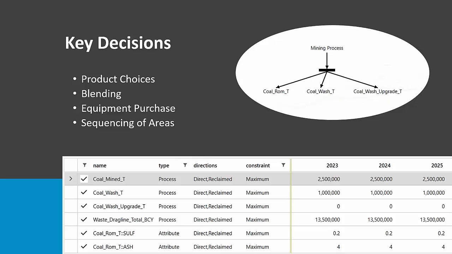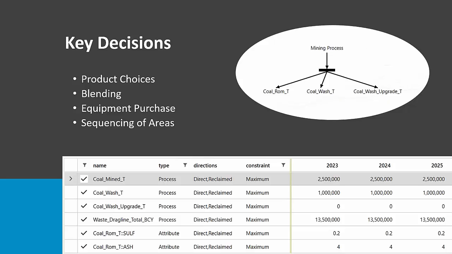I'm going to be mainly looking at sulfur and ash for the product. You can look at equipment purchase. You can look at CapEx for the new upgraded plant. And inherent to Scheduler, you're always going to be looking at sequencing of areas. That's the main inherent choice of Scheduler: where do I mine and when.